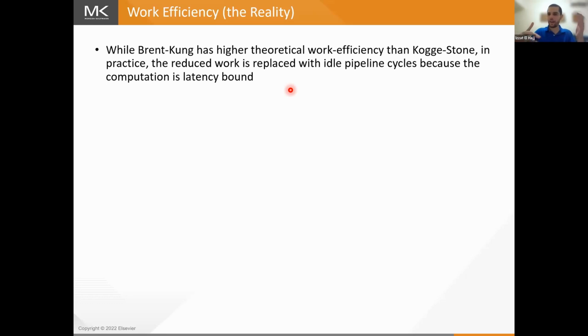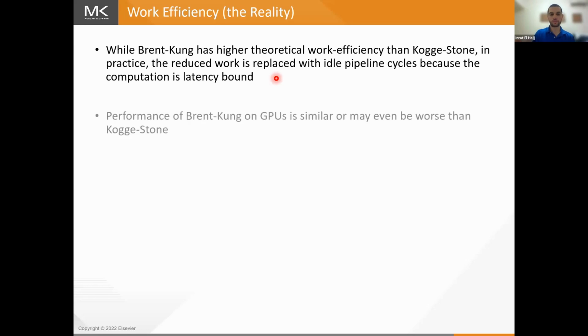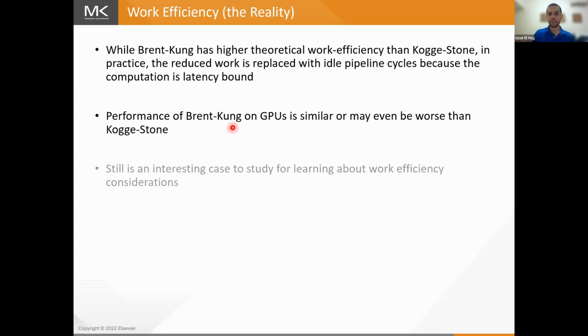They're idle, and because this is a latency-bound operation when it's doing those different stages, the work that we're saving was previously just filling in pipeline cycles that are now just being filled with stalls. So we don't really see that major improvement from improving the work efficiency. The performance of Brent-Kung on GPUs is similar and maybe even worse than the Kogge-Stone approach.